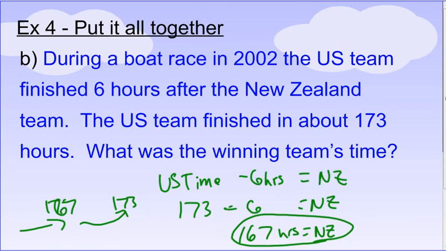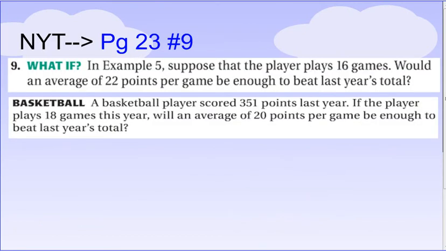All right. Please do number 9 out of the textbook, and I have it up here. So it says in example 5, which this is example 5. Suppose that the players play 16 games. Would an average of 22 points per game be enough to beat last year's total? So that's kind of out of context. We don't know what they're talking about. So it says in a basketball, player scored 351 points last year. If the team plays 18 games this year, will the average be 20 points per game enough to beat last year's total?